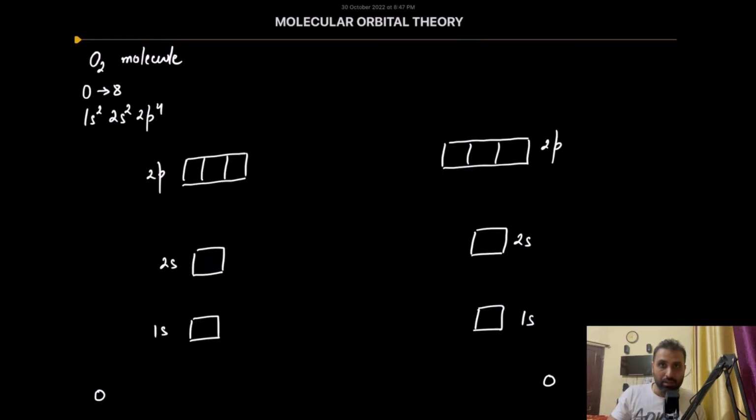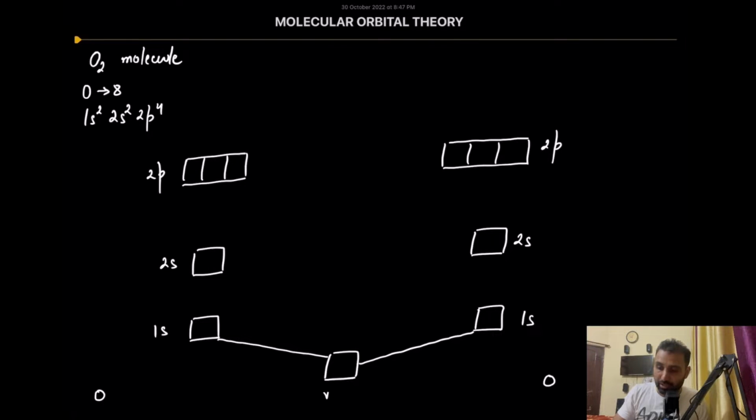Now 1s of first oxygen will intermix with the 1s of second oxygen to give you two set of orbitals. One is the bonding and another one is the anti-bonding. So I got first of all bonding molecular orbital for the 1s, and 1s and 1s overlap to form the sigma bond.